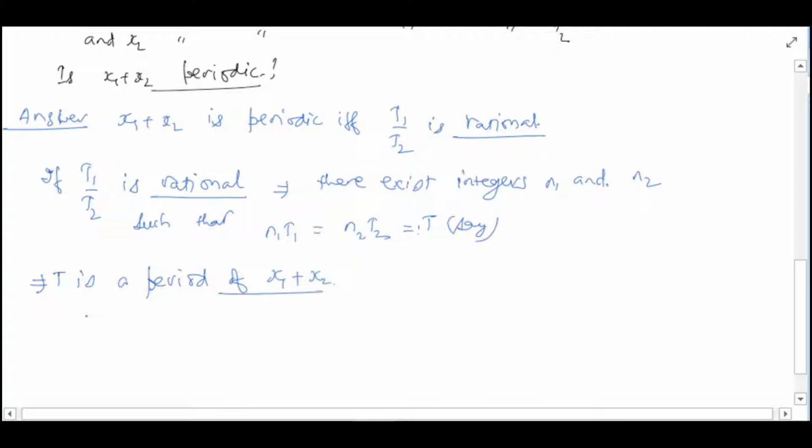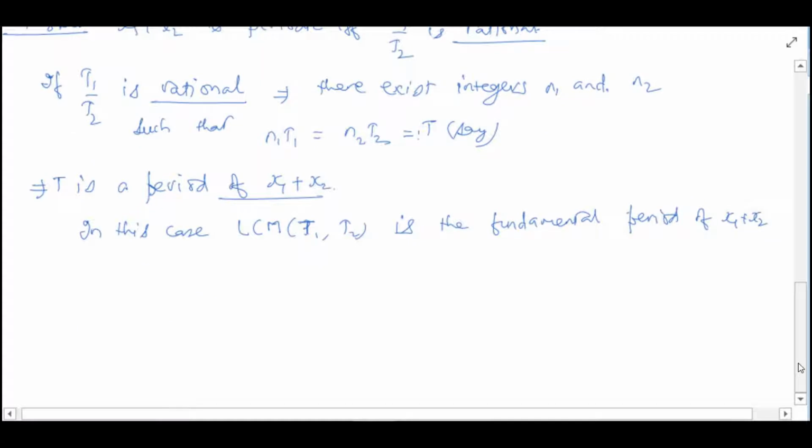In fact, in this case, the least common multiple, LCM, of T1 and T2 is the fundamental period of x1 + x2. Let's see examples.